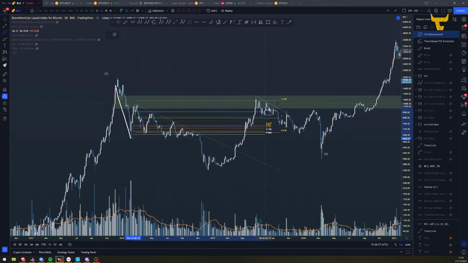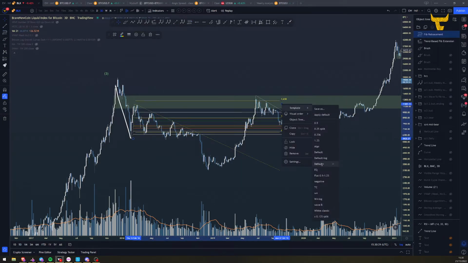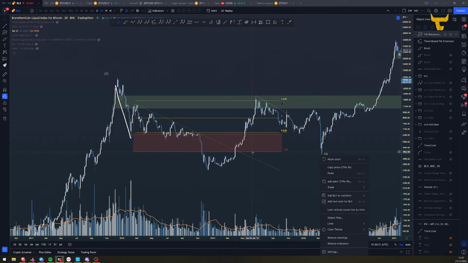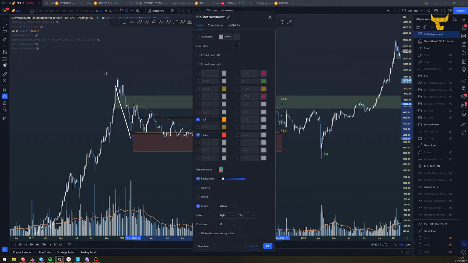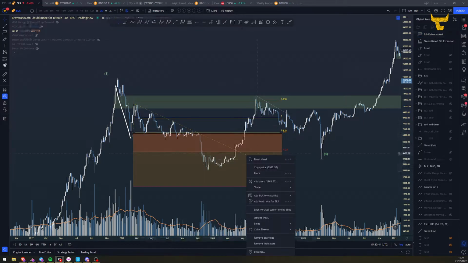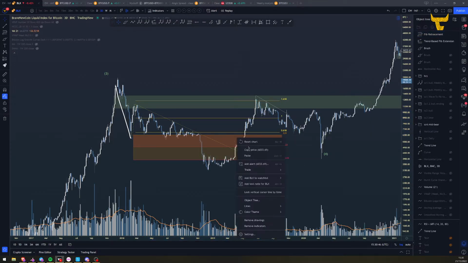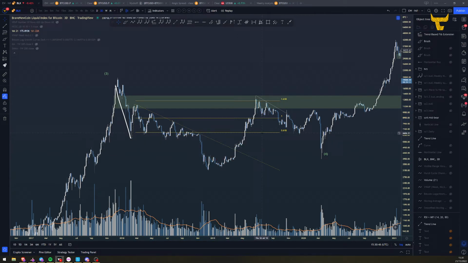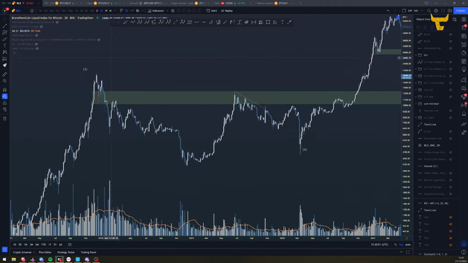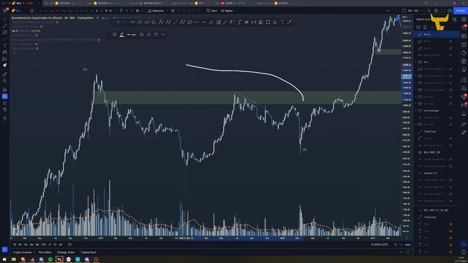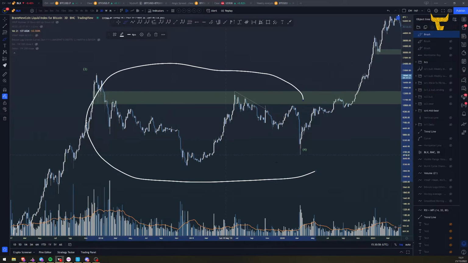And the retrace is quite a lot to be considered flat here. 126, we go beyond, but if we take the 161.8, okay. It's not really a proper count, but I mean, we have a sideways move here.